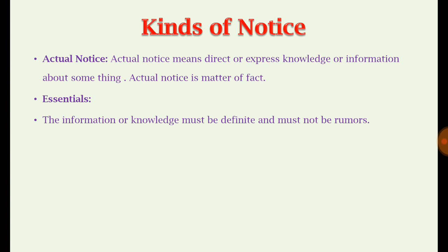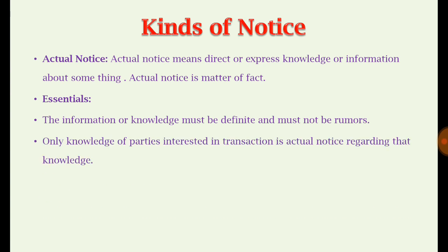It is a fact, a matter of fact. But if that person was not present at that place, but he heard something about the accident which happened somewhere else, then the knowledge of that person is rumor. So it cannot be called his actual notice.